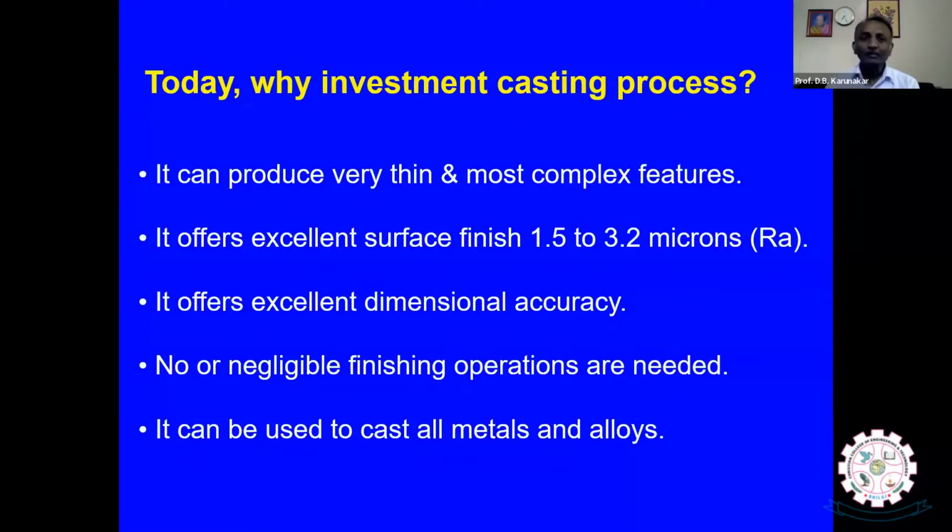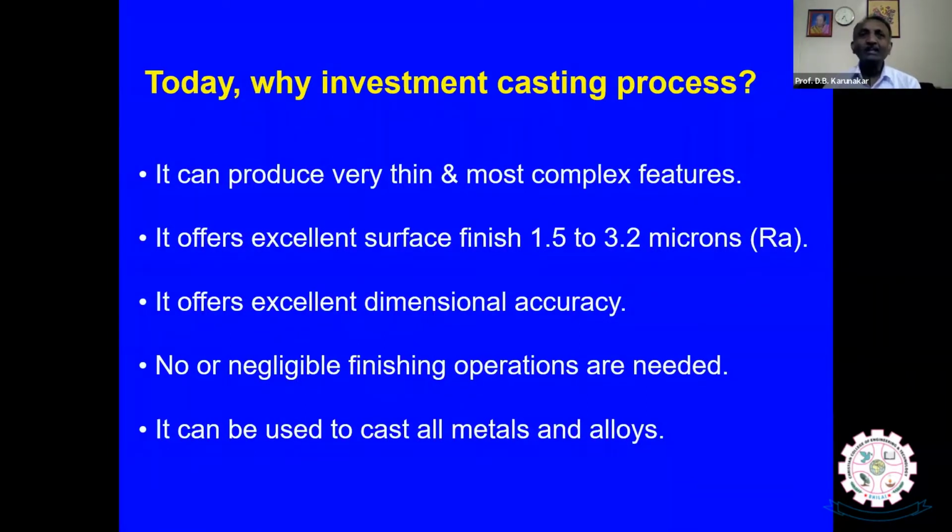No or negligible finishing operations are required. Sometimes no machining, because surface finish and dimensional accuracy are very good. Why machining? Just break that mold and take the casting. And it can be used to cast all metals and alloys. That is another important specialty of the investment casting process.